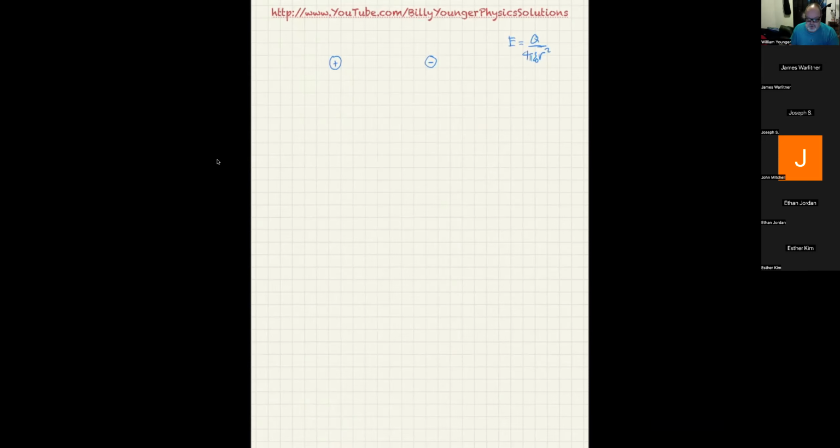So we can also use voltage, which, by the way, is Q over 4 pi epsilon naught R. We can say, well, voltage depends only on R.